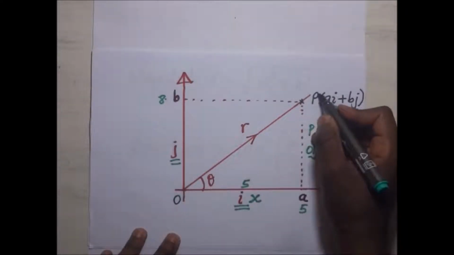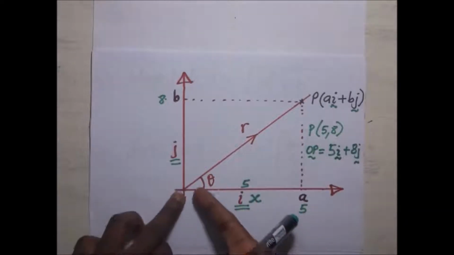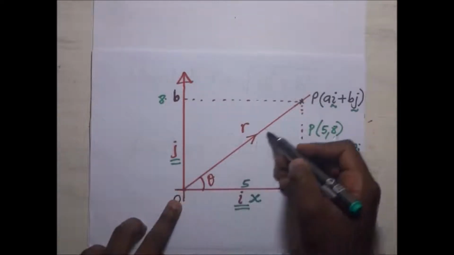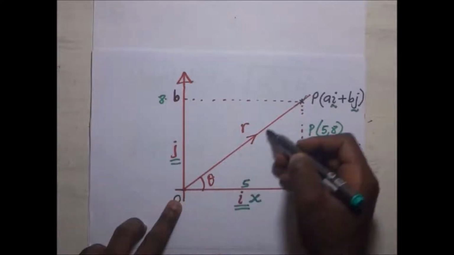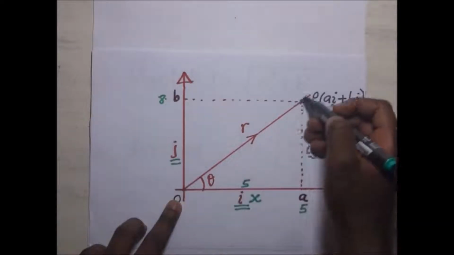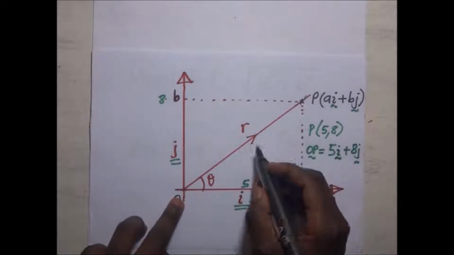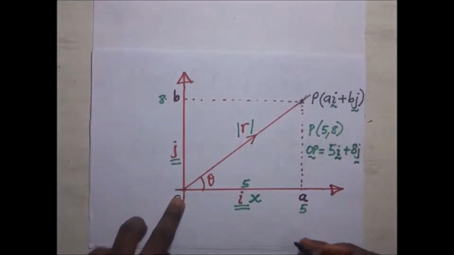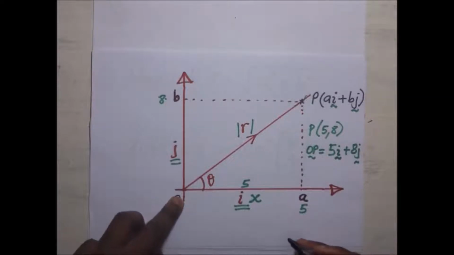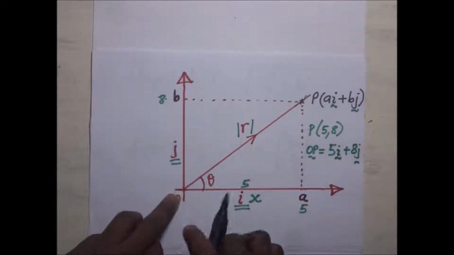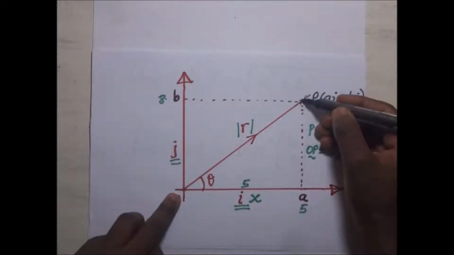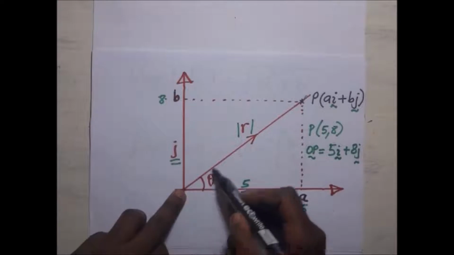Now, with this ij notation in general terms, if we want to find the magnitude of this vector, this is O to P. This forms something called a right angle triangle, as you can all see right here, so to get the magnitude of R, we use Pythagoras theorem. Pythagoras theorem for a right angle triangle is that this line squared plus that line squared gives us this line squared.